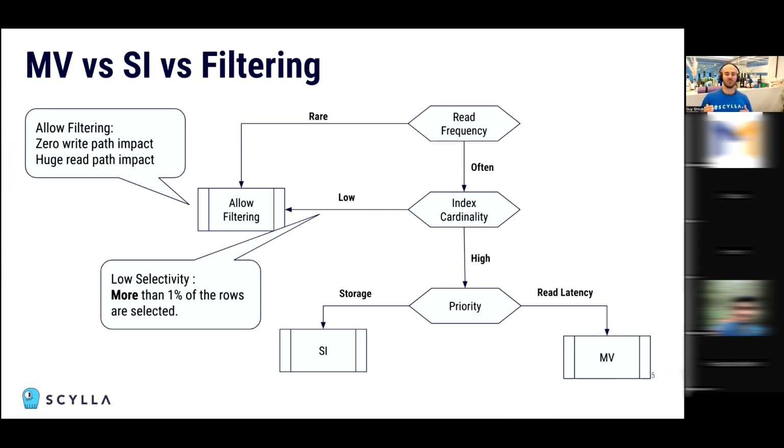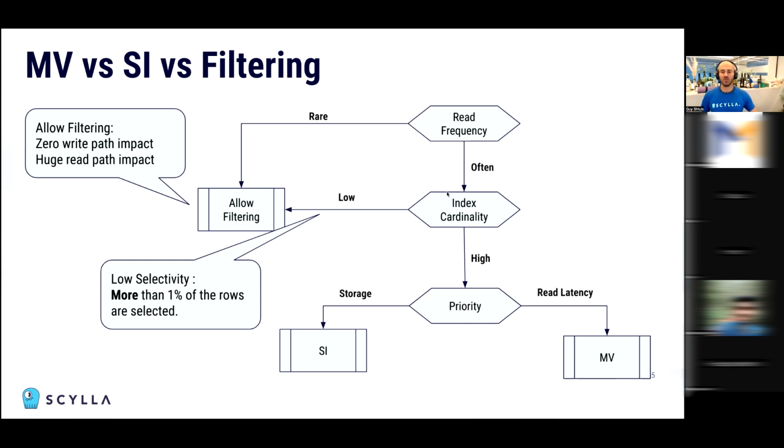And if we're returning a lot of the data in the database anyway, then that makes sense to use allow filtering. So I think the 1% is accurate. I'm not sure if we have any benchmarks that test this, but that's a good question. I'll write it down and look into those numbers.